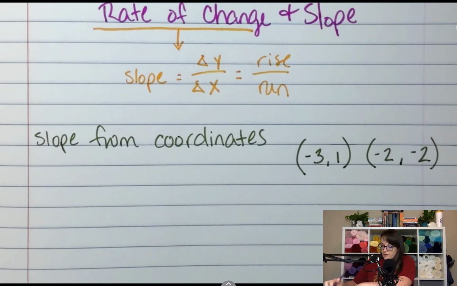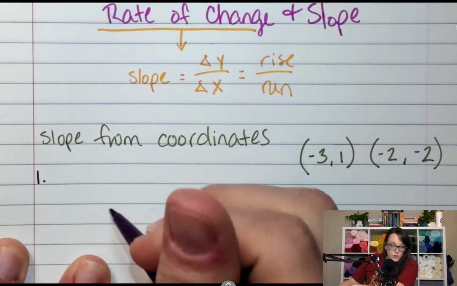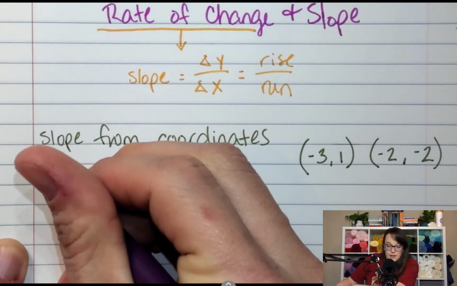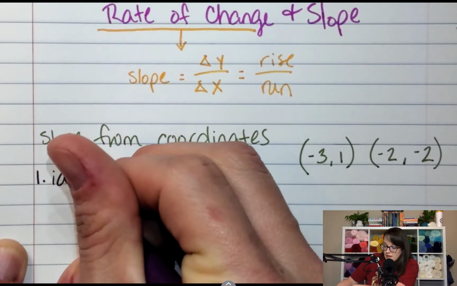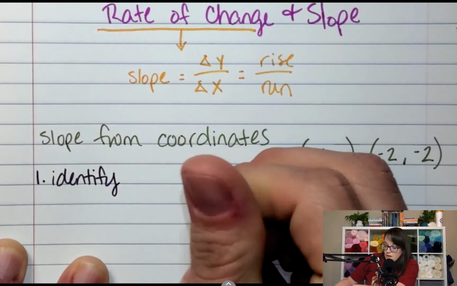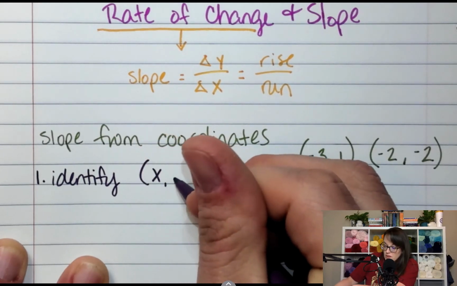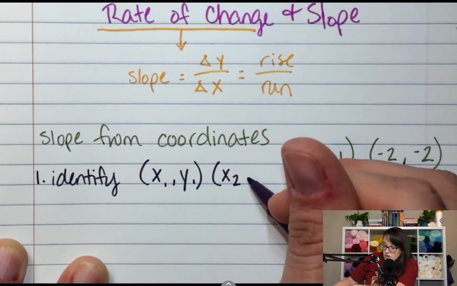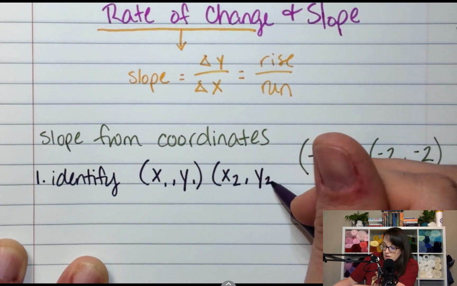So the first thing we have to do is label. Identify your x1 and y1 and your x2, y2.